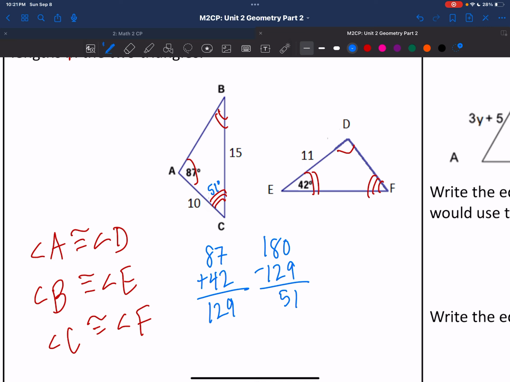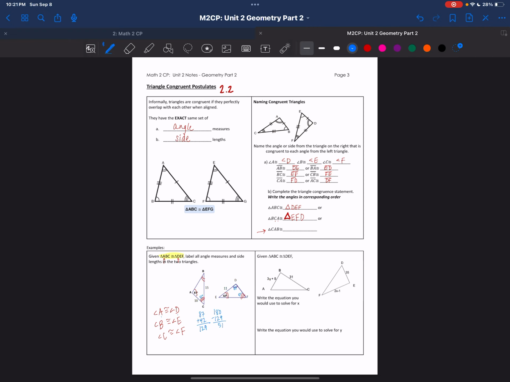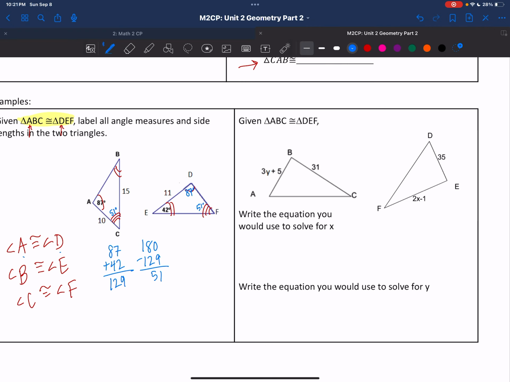So now using angle C, we know that angle F is also 51 degrees. And we know angle D, we already said, was congruent to A. So A was 87, and that's how you do it. So what you're going to do for this one is you've got an equation or expression here, but that's okay. You're still going to do the same thing. You're going to read the congruency statement. Very important. Order matters.